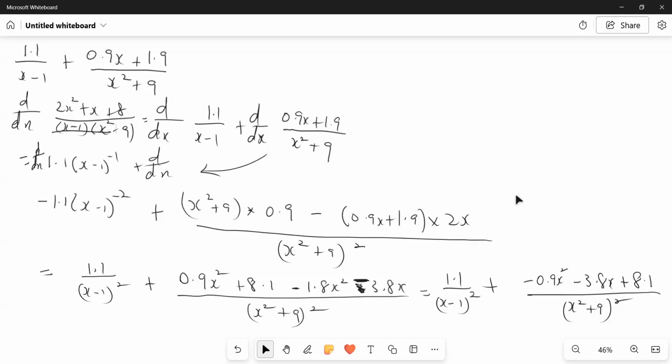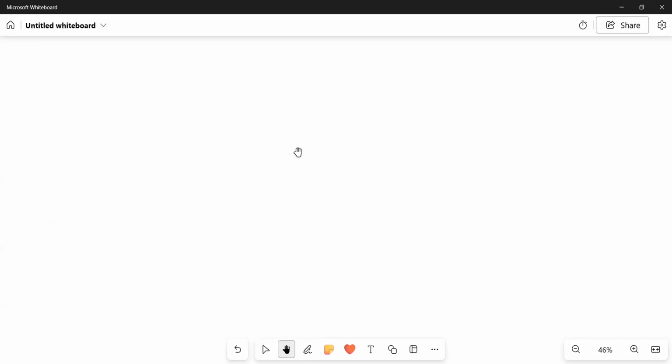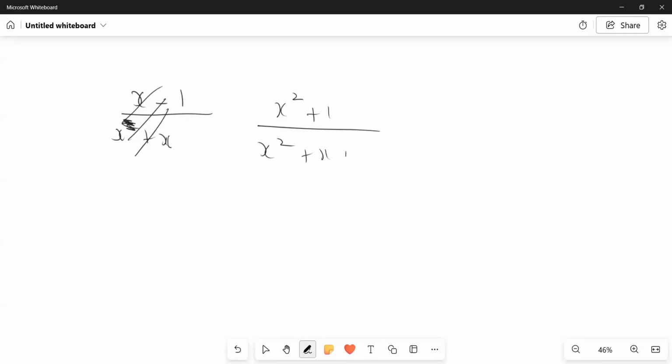Because I think in the handout I gave you, you can have something like this. Let's say x minus 1 over, let's say x squared plus x. No, take out this x. Okay, let me go with x squared plus 1 over x squared plus x plus 1. Let's say you get something like this.